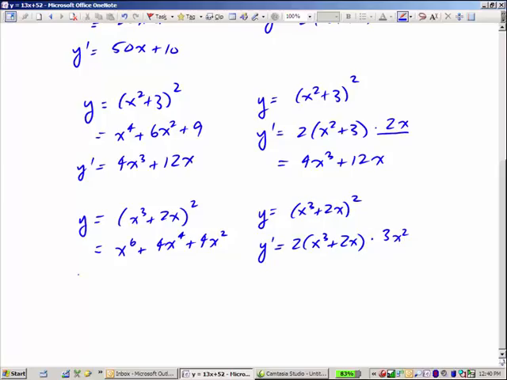So I would get 6x to the 5th plus 16x cubed plus 8x. Oh, that's right. That would be 6x squared times x cubed plus 2x. I gotta tell you, there's no way I'm gonna multiply those together and get 3 terms.